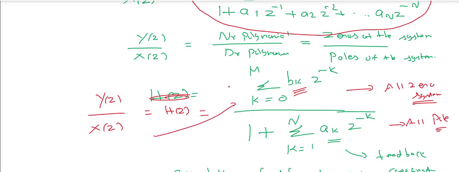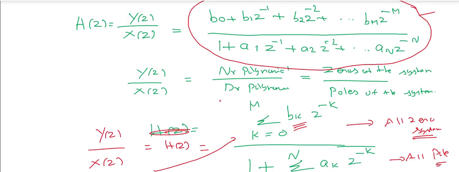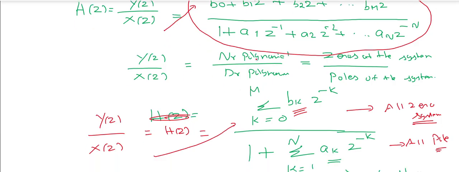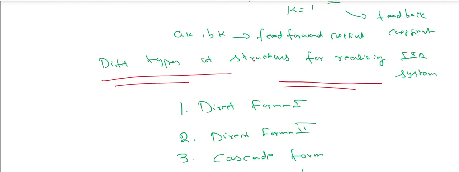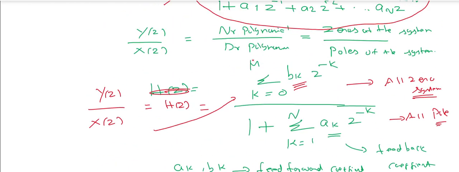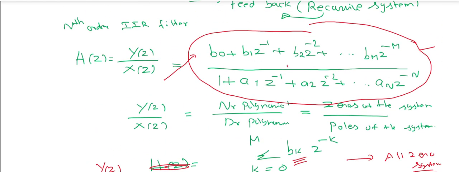Otherwise you can remember this also. So b0 into x of z plus b1 into z minus 1, delayed by 1 unit sample. So even if you see here, the processings involved are: delayed by 1 unit, delayed by 2 units. So the unit delay element, the scaling factor (multiplication factor) b1, and the adder.